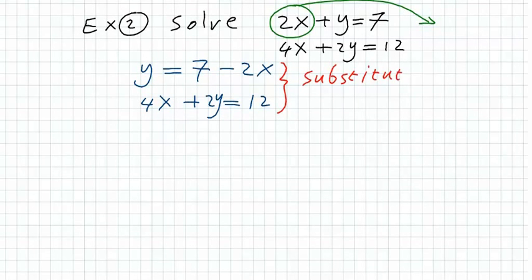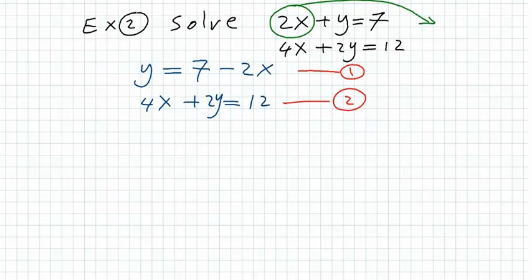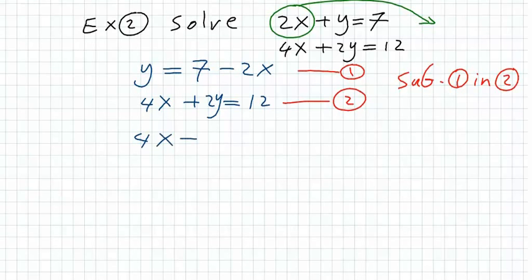Now, try to substitute. Let us say this is equation 1, and this is equation 2. Substitute equation 1 in equation 2. So we will write equation 2 again: 4x plus 2 times y equals 12.